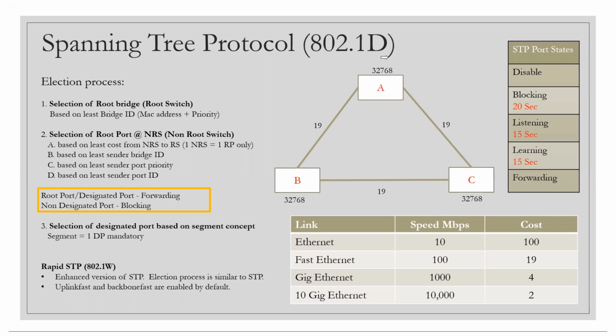If this particular link between A and C goes down, for some kind of physical damage or some error, then you will lose the connectivity to the server. All the end users connected to switch A and switch B will lose complete connectivity to the server connected to switch C. Now that is something strictly not desirable for a business.